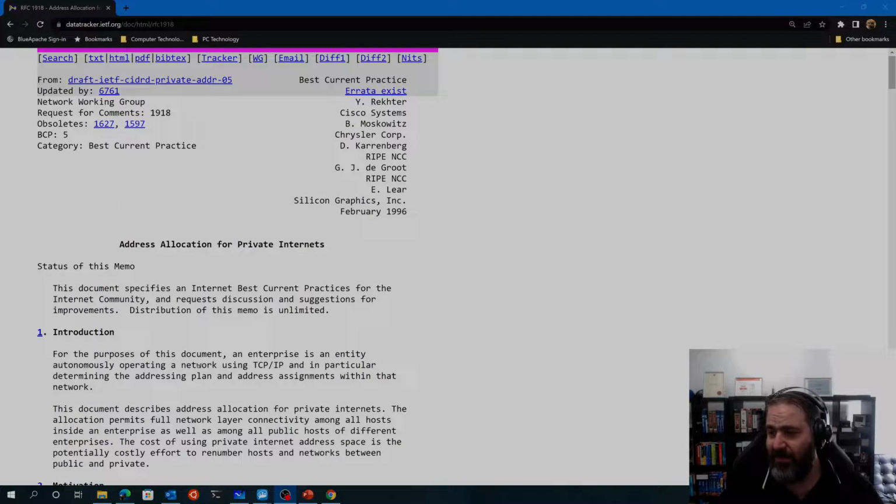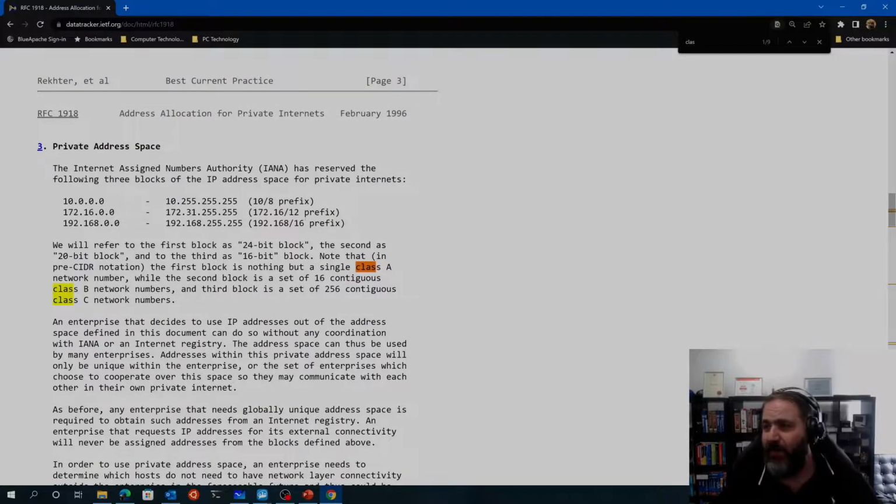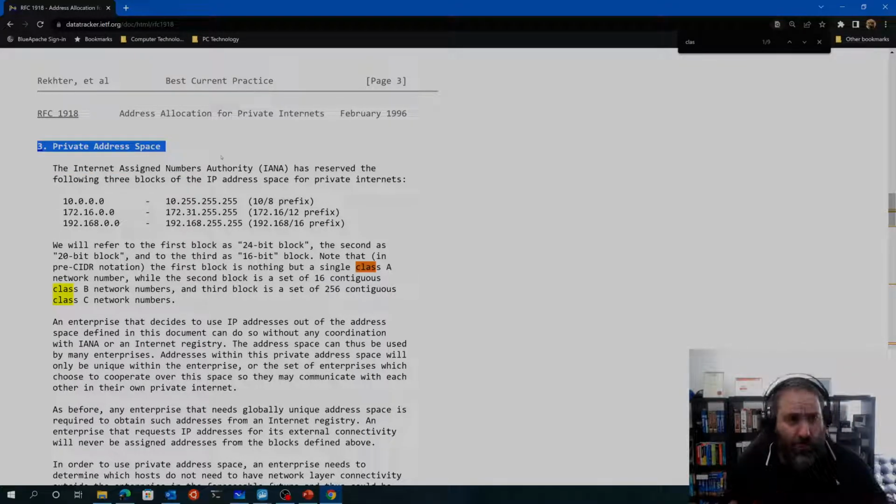One of the things that they wanted to agree on or work out was something called a class network. Now it should be here somewhere, yeah. With a more particular private address space. Now look, if you want, come to this website. Just type in RFC 1918.